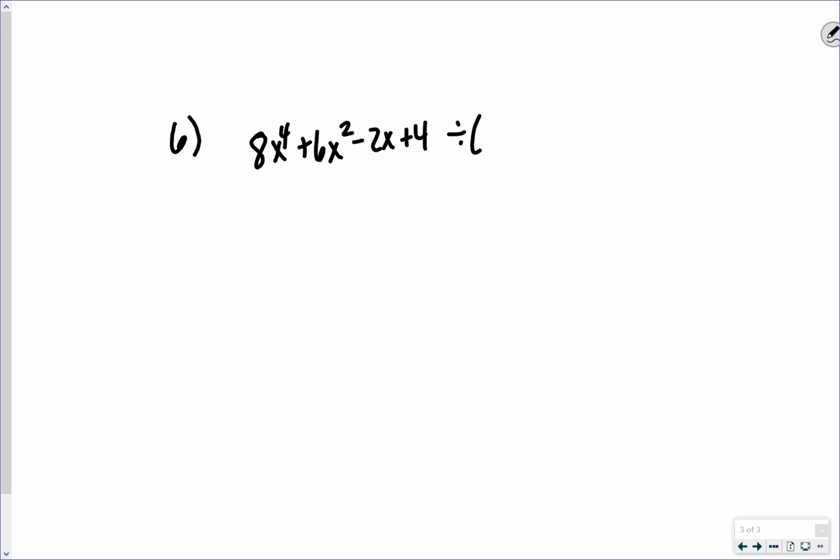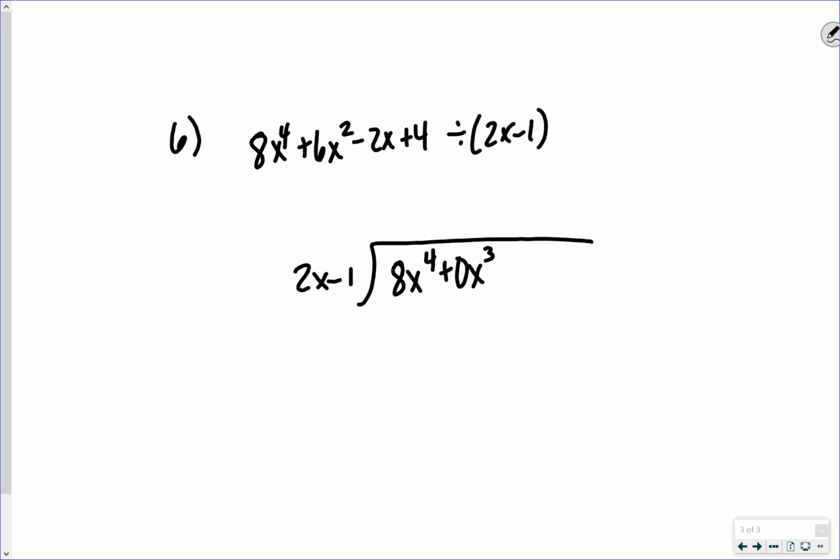And I'm dividing by 2x minus 1 by long division. So I have my 2x minus 1 on the outside. On the inside, I have my 8x to the 4th. There is no cubic, so it needs a 0, just like synthetic, plus 6x squared minus 2x plus 4. Other than that, it's exactly like any other long division problem.